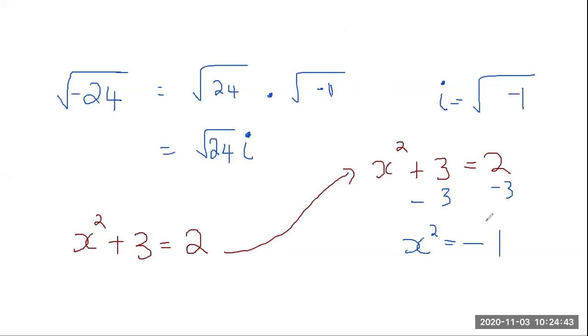Now I have to do the square root to get rid of the square. Square root and square are inverses. So X is equal to the square root of -1, which we could say is I, because we know the square root of -1 is I.